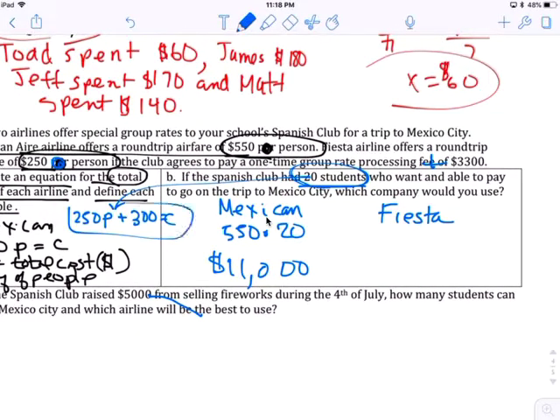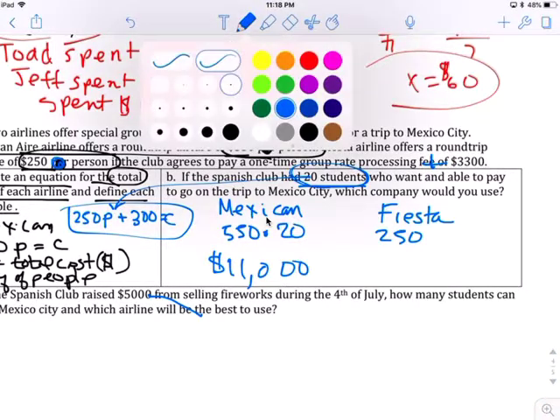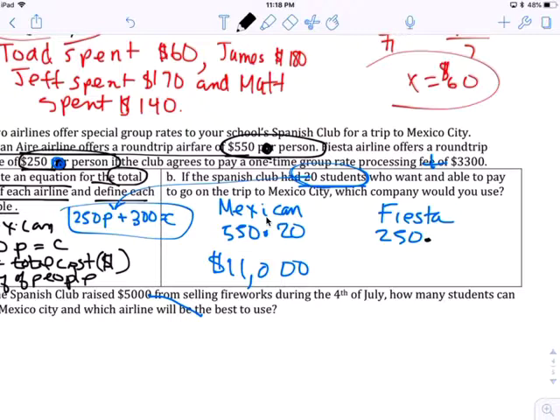Fiesta is this equation here. 250 times the number of people, number of people is 20 students, plus the processing fee of 3,300. Oh, I wrote it wrong.